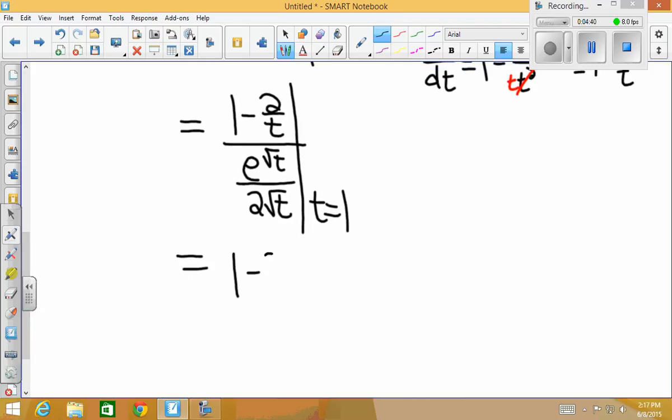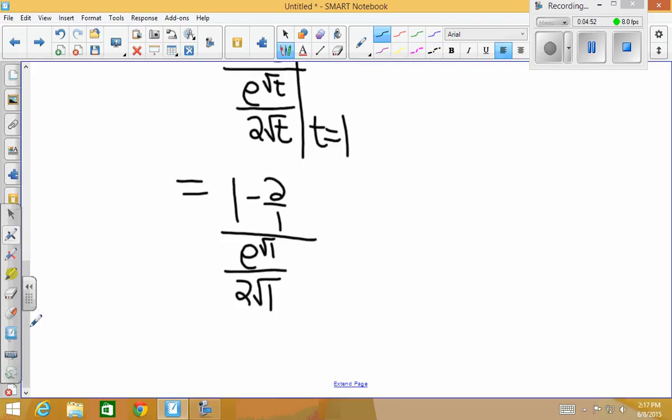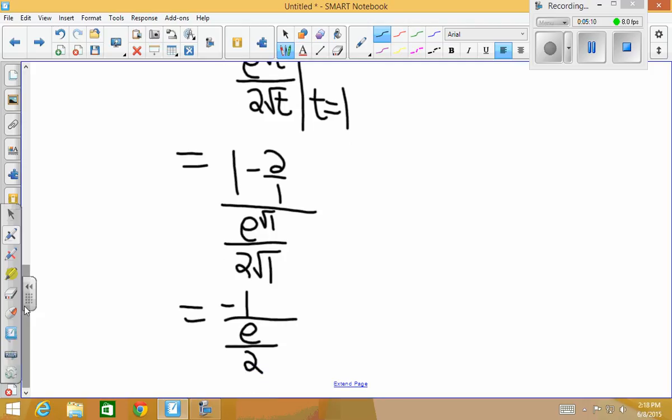So 1 minus 2 divided by 1, over e to the square root of 1 divided by 2 times the square root of 1. 2 divided by 1 is equal to 2. 1 minus 2 is equal to negative 1. Square root of 1 is 1. e to the 1 is just e. 2 times the square root of 1 is just 2. So finally, we flip and multiply, or multiply by the reciprocal, and we get negative 2 divided by e for our slope.